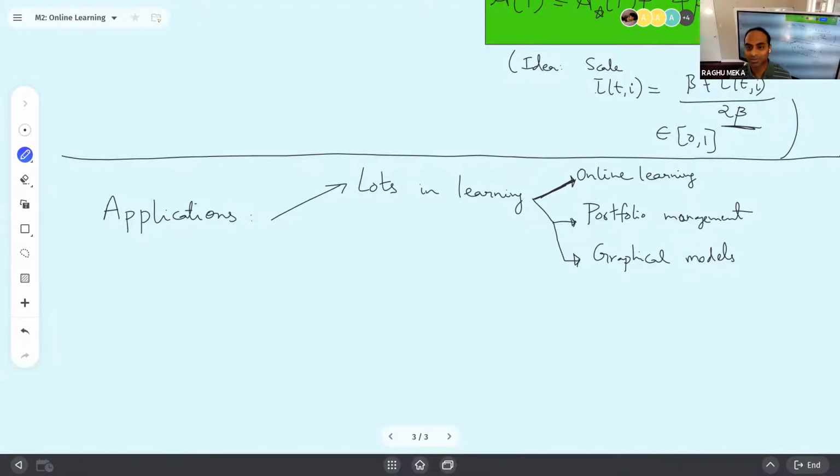A small variant of that played a big role in designing a learning algorithm for graphical models. And we'll look at that result later on, but basically the title of the paper was something like Learning Graphical Models, which is a very important topic by itself, via multiplicative weights.